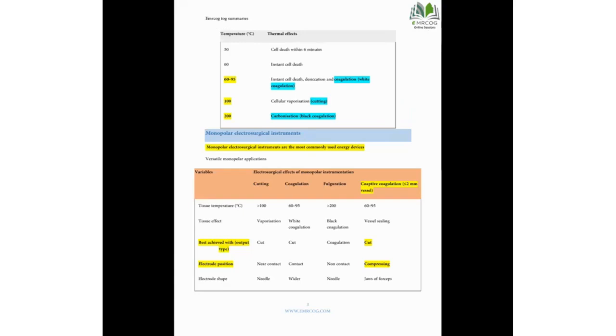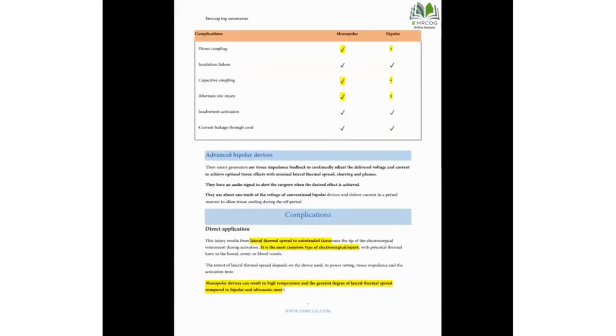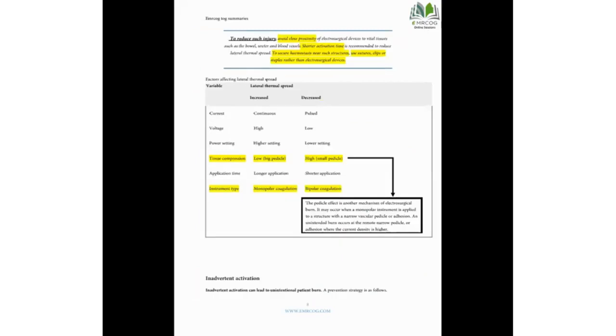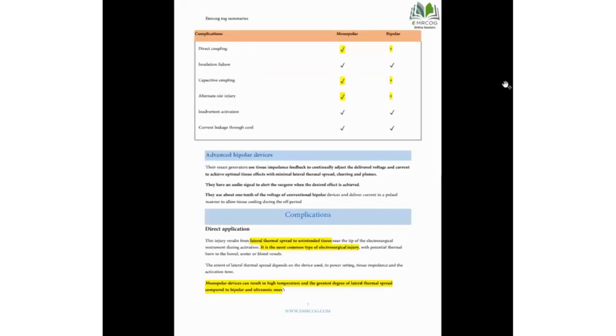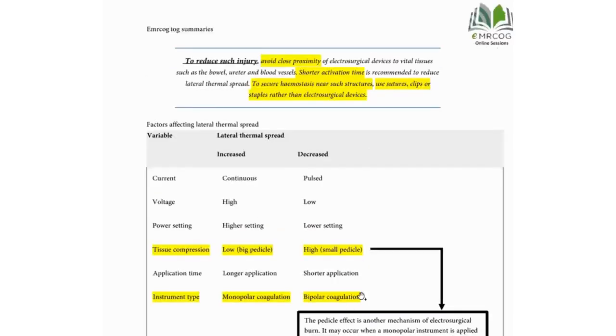So what is the difference? Let's see. We have the direct application here. This is because of... you can see I have a new share.